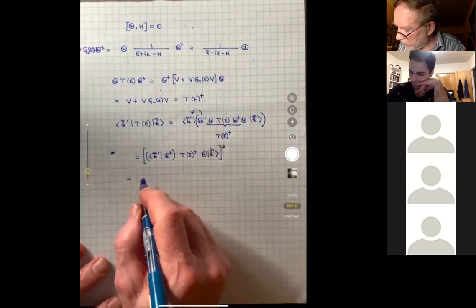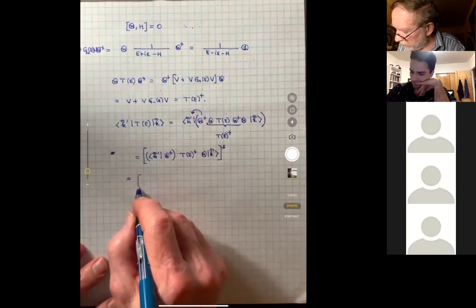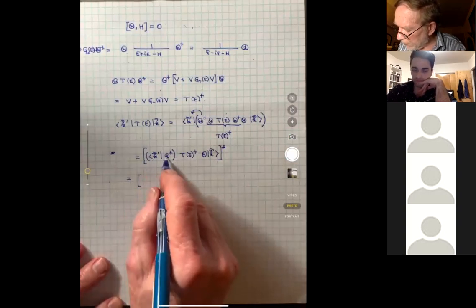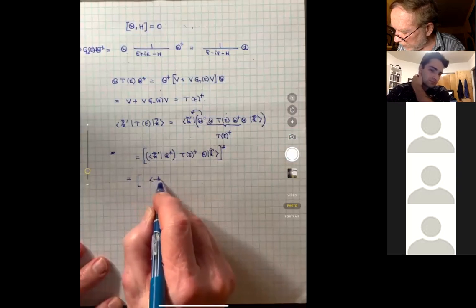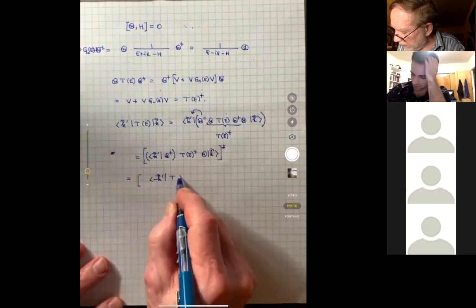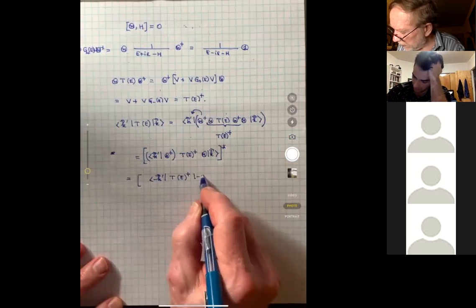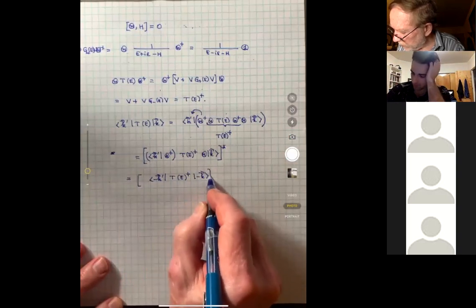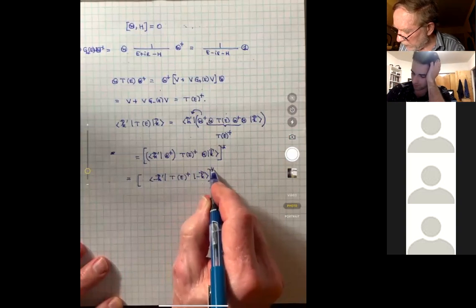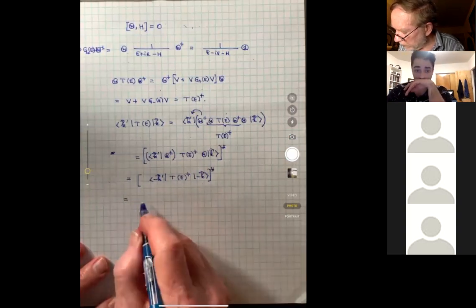Now then, this becomes equal to theta, this K prime theta dagger just gives me minus K prime. T of E dagger is in the middle. And theta K just gives me minus K. But this is complex conjugated. So that's the same thing as reading the matrix element backwards.